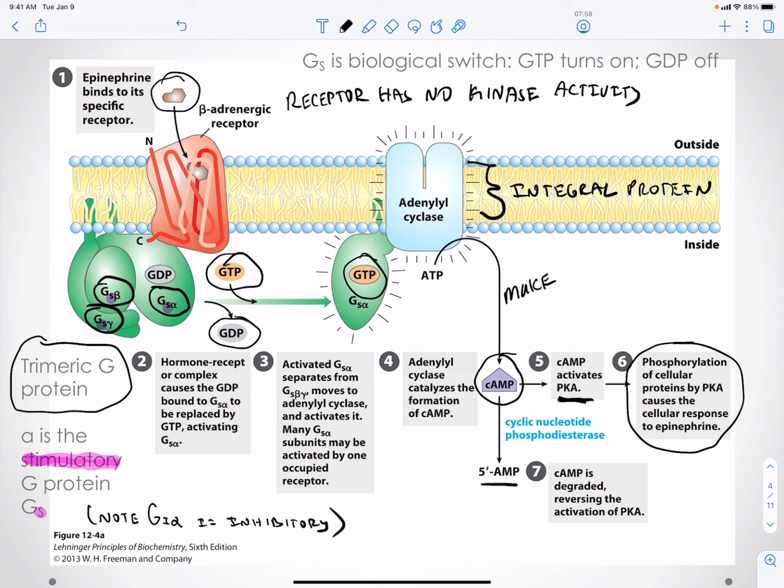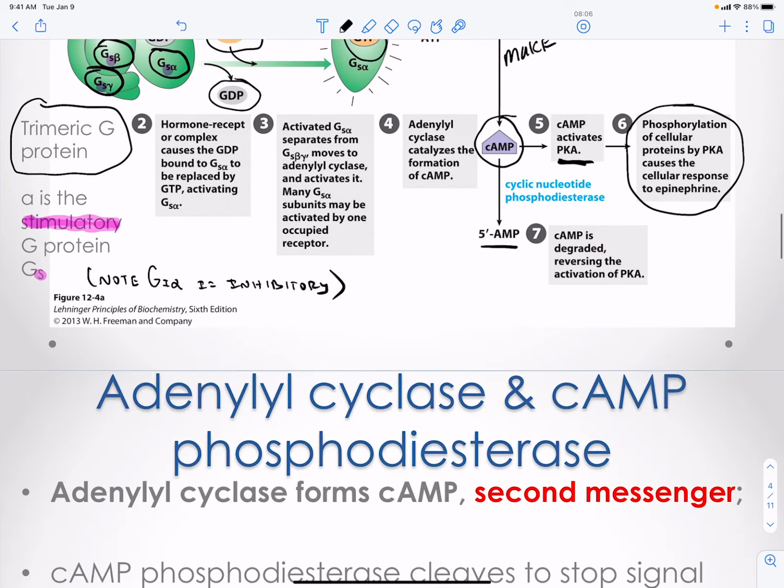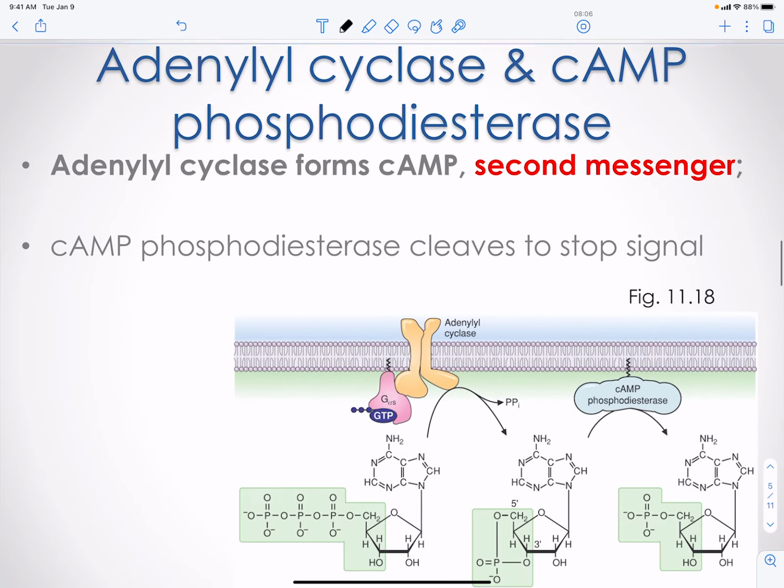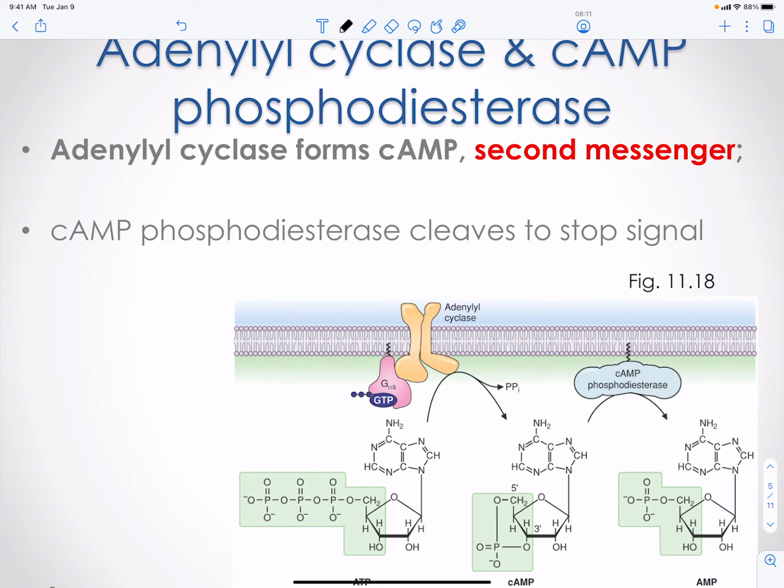And then again, adenylyl cyclase is what actually makes cyclic AMP. Adenylate cyclase forms cyclic AMP, and cyclic AMP is the second messenger for G protein receptors.